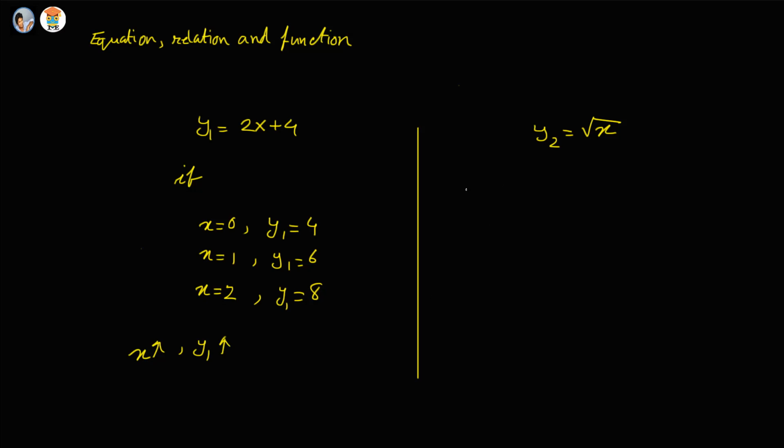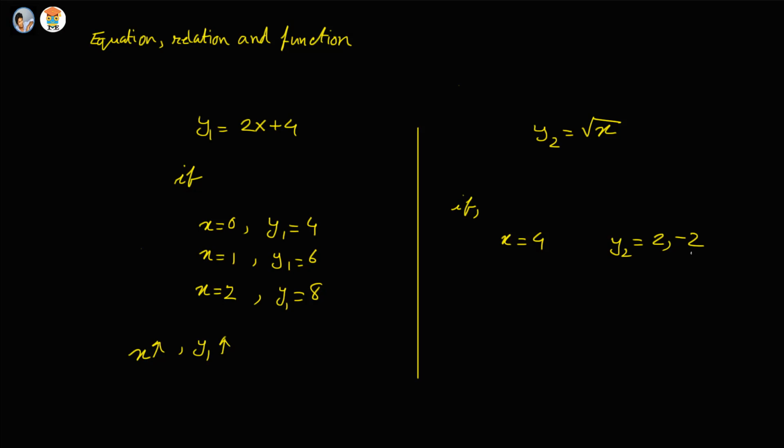Now, if we look at the second equation, here if x is equal to 4, y2 equal to 2 or minus 2. Why 2 or minus 2?